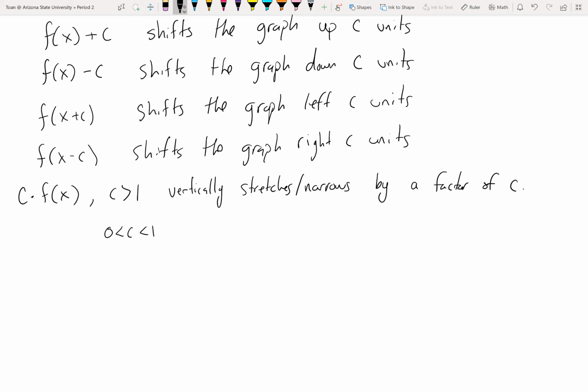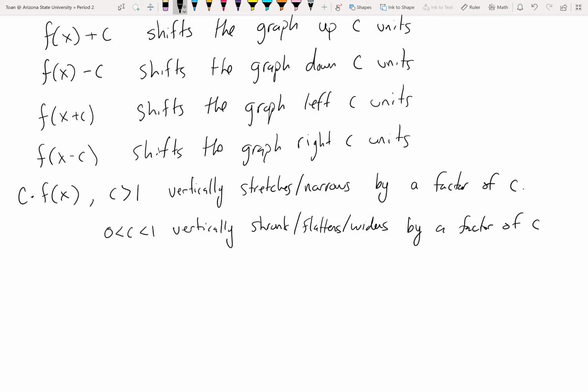We saw that if we multiply by numbers smaller than 1 but kept it positive, we saw it shrinking, flattening, or widening by the same factor. So if I multiply by 1/2, I made the graph vertically flat by 1/2.